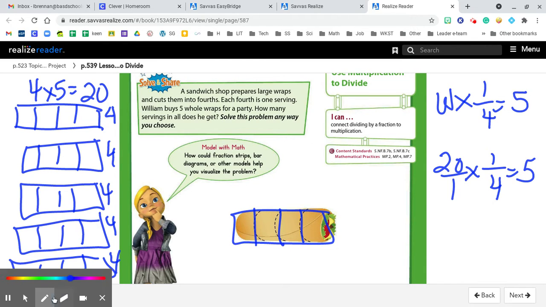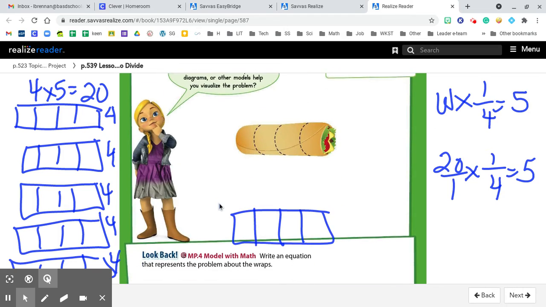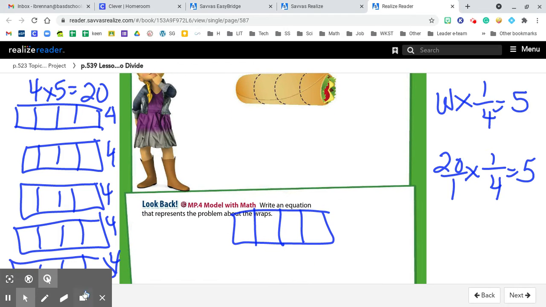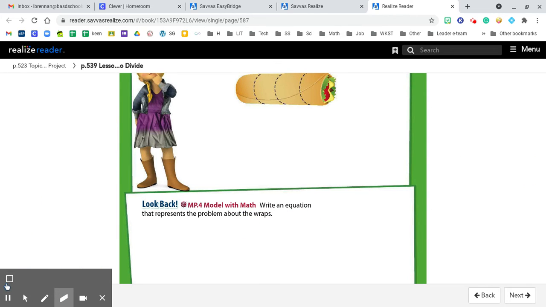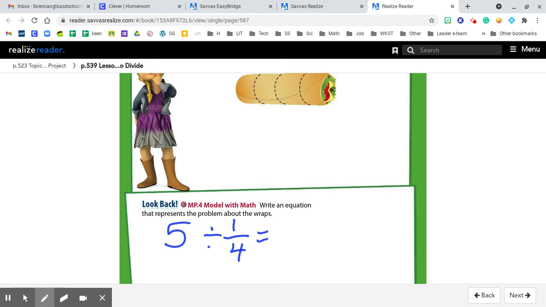So there you go. Let's come down to the bottom here. Write an equation that represents this. I can write 5 whole sandwiches divided into fourths equals 20. And what we can do here is use an inverse operation.